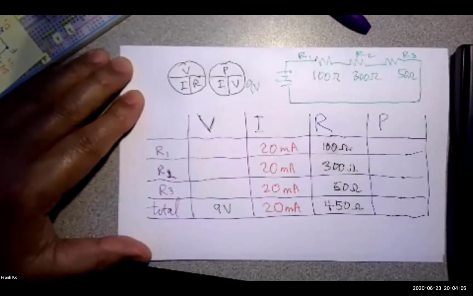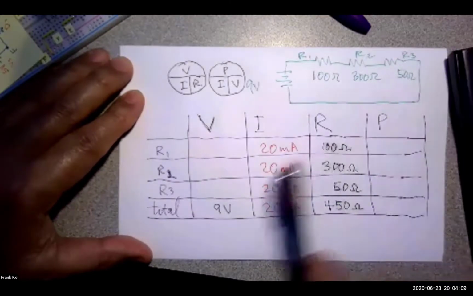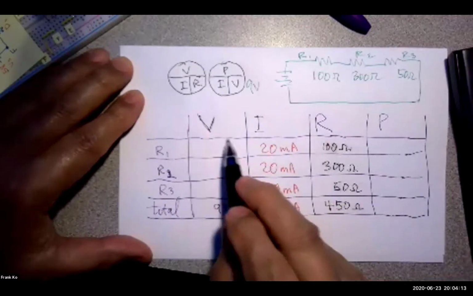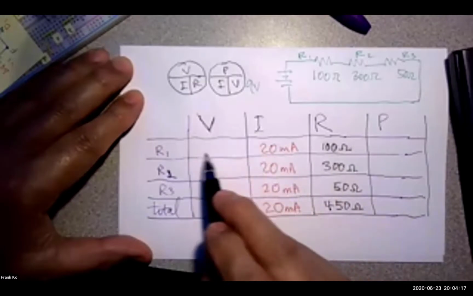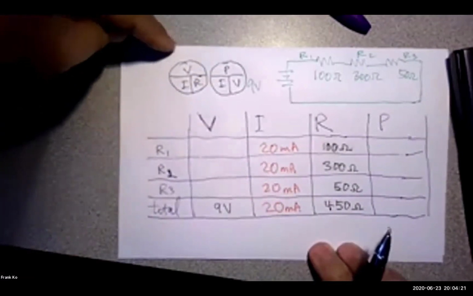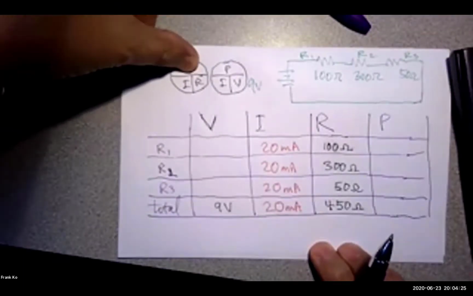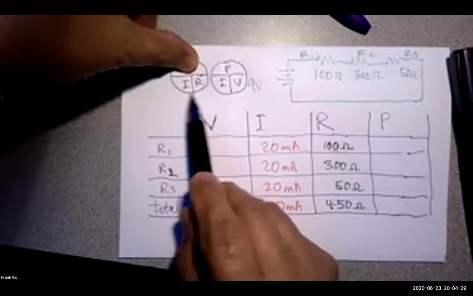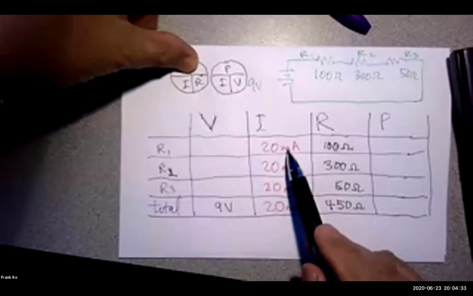What would be the next thing that you do? Save power for the last. Can we solve for V on that first row? Do I have two quantities that will allow me to calculate V? According to Ohm's law, V is at the top of the circle. I cover the V with my finger, so V would be equal to I times R. Do I have an I?